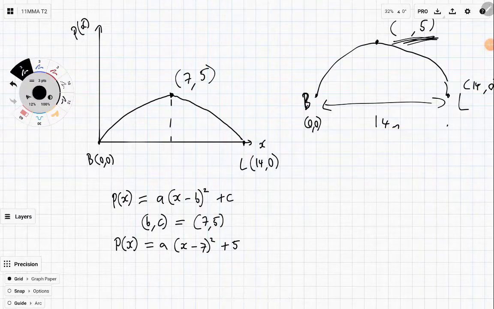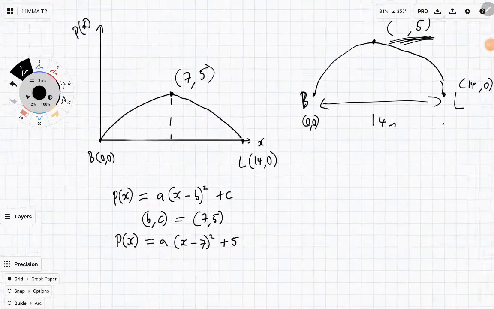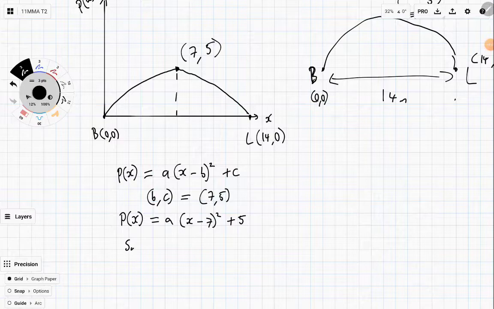But I've got 2 points to work with. I've either got 14, 0 or 0, 0. And I'm telling you 0, 0 is my favorite, so I'm going to sub in 0, 0. Another way you can think of it is that p of 0 is equal to 0. These things are equivalent statements.